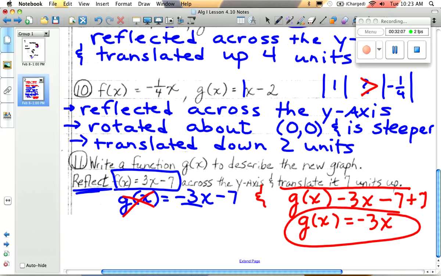There's our transformed function. Okay? Now this is a fun lesson. Trying to keep everything straight. Hopefully we pointed out enough of what you have to look for to decide what type of transformation happened.